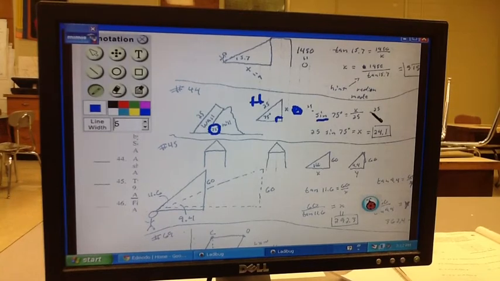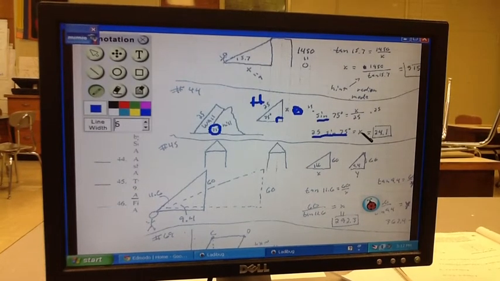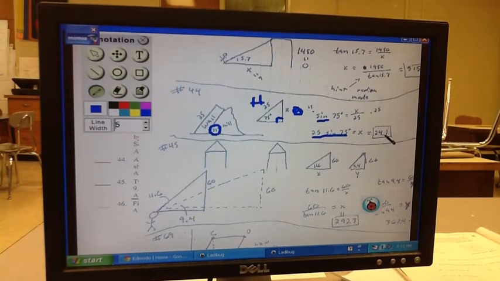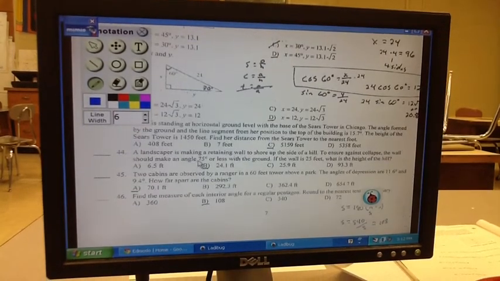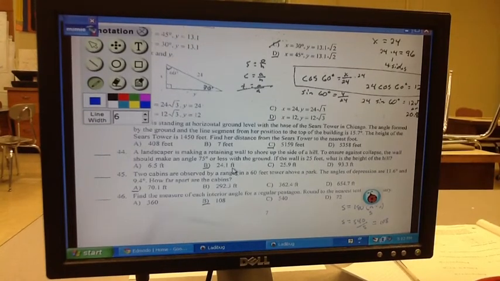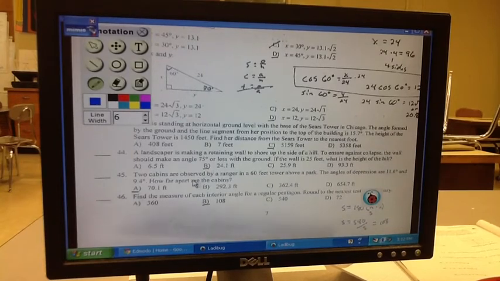When X is on top, multiply both sides by 25. When you do that, it ends up just moving it out front. 25 times the sine of 75 degrees equals X. Ended up being 24.1. We go back to our original picture. We got 24.1. Don't forget, if I'm going too fast, pause, rewind, do all that kind of good stuff.